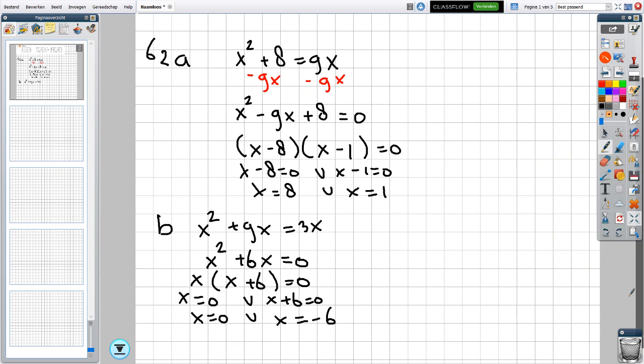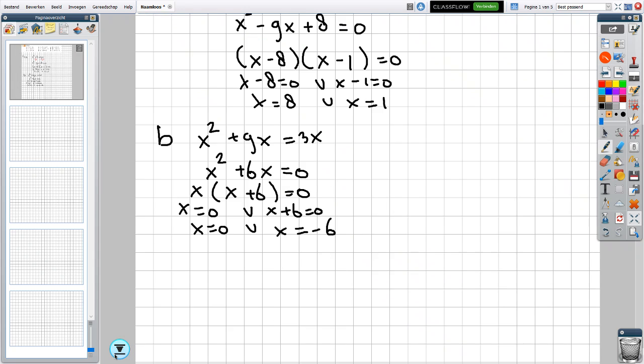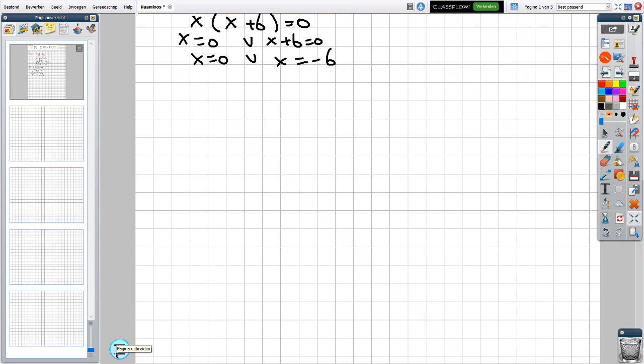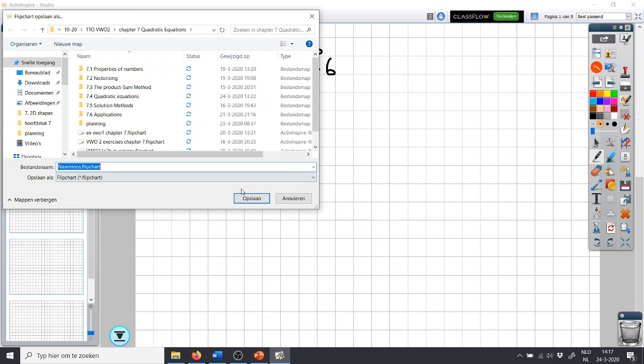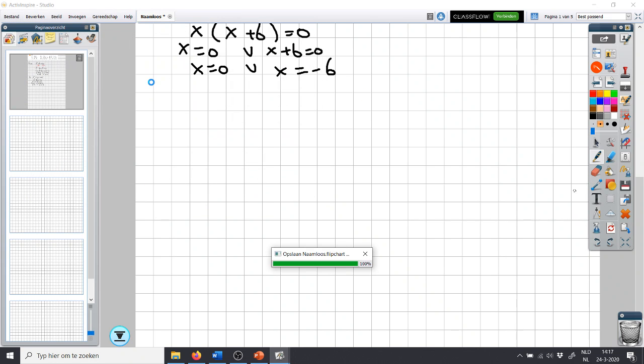x squared plus 9 equals 10. So we have, oh, and my tablet again is acting up. I found out that in that case, if I save this, just call it this name.